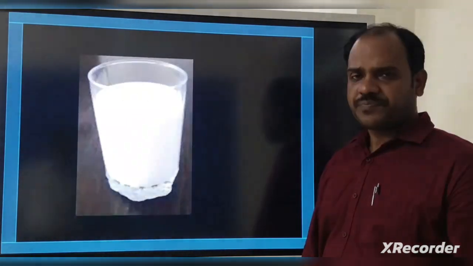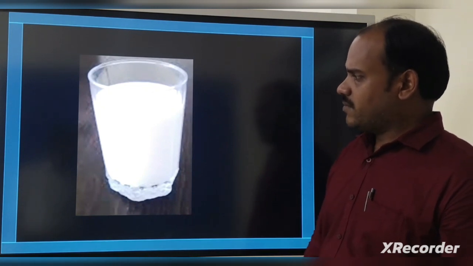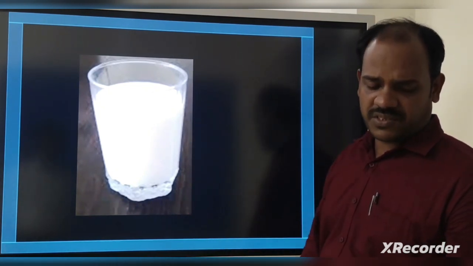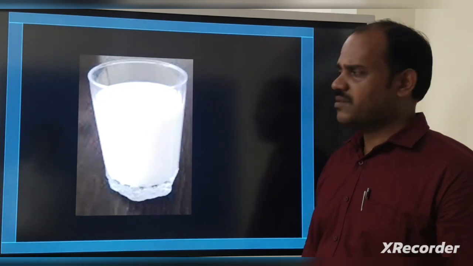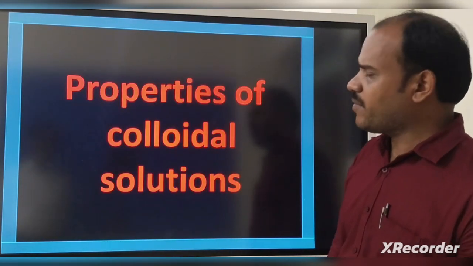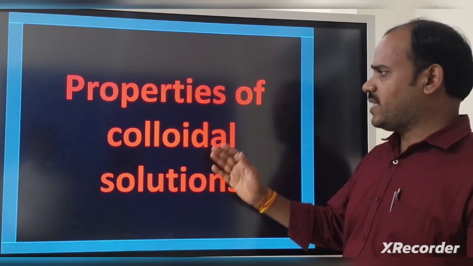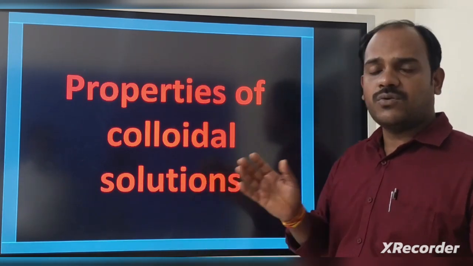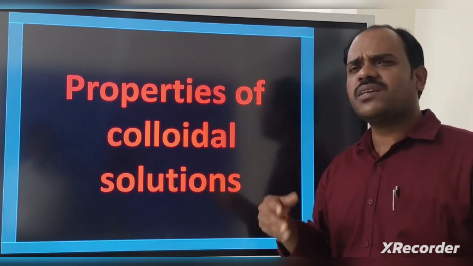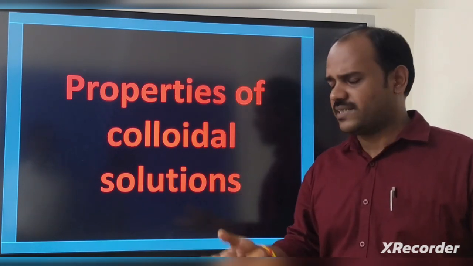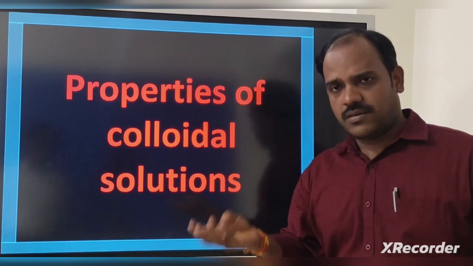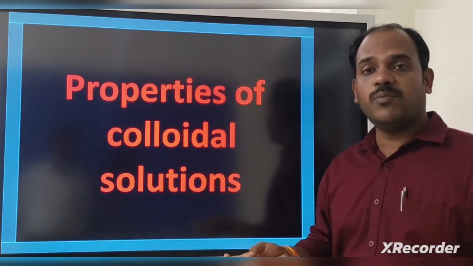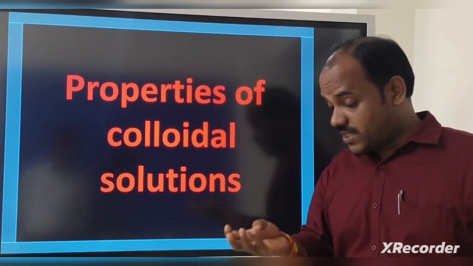So here friends, let's see this picture. You have already seen this is nothing else, just the milk. But here, why I have taken the example of milk? Because milk is a colloidal solution. Some other examples are there. For example, milk, egg albumin in water, starch in water.